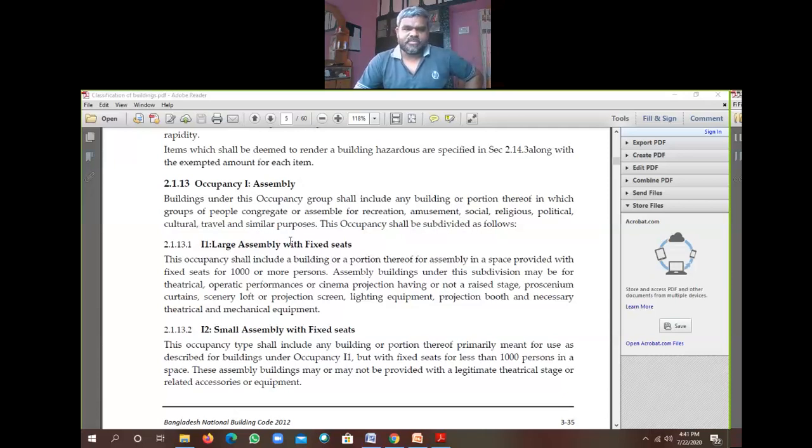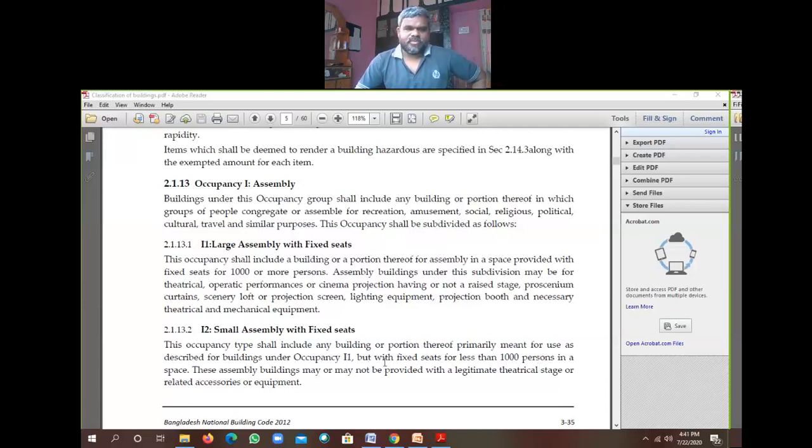This is again subdivided into large assembly with fixed seats. These buildings, I1 buildings, are for assembly in a space provided with fixed seats for 1,000 or more persons. Right. A small assembly means less than 1,000 in a space.